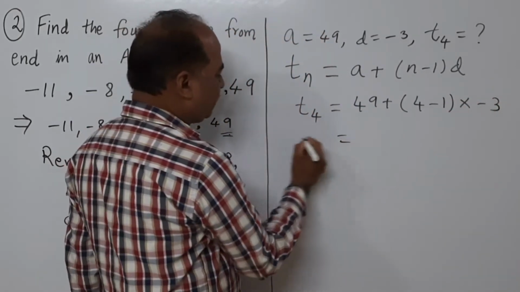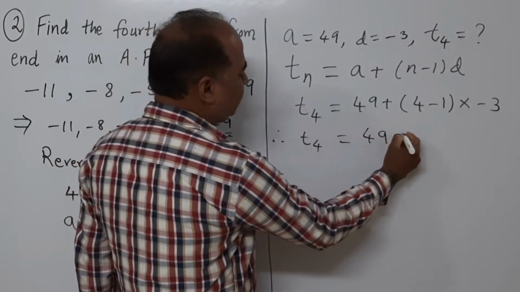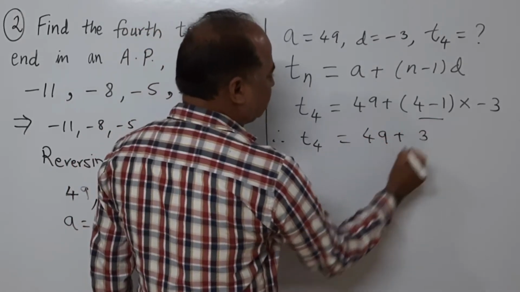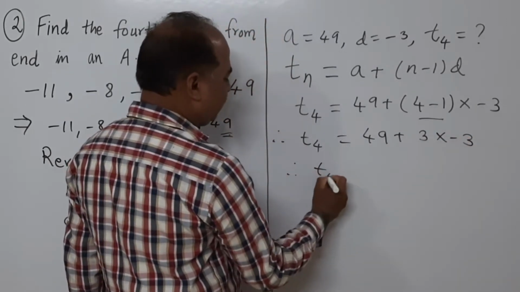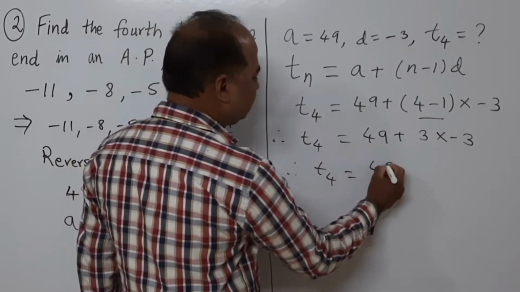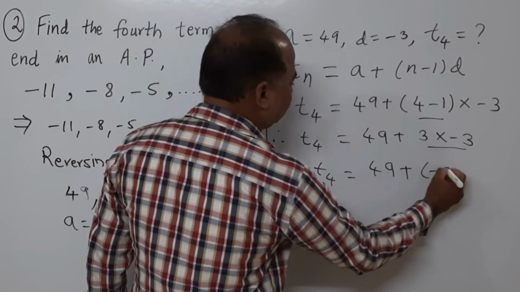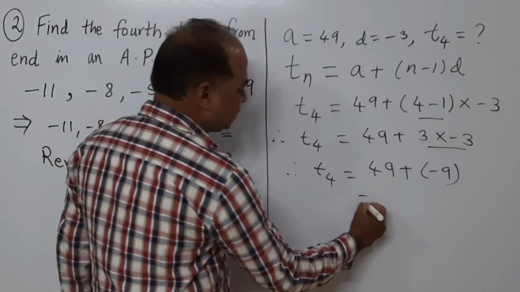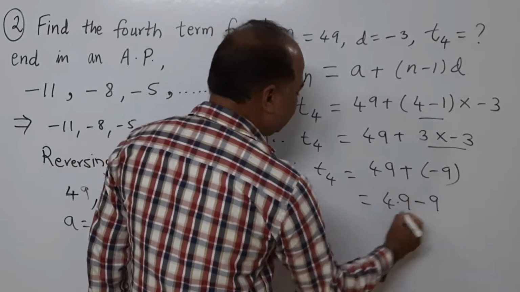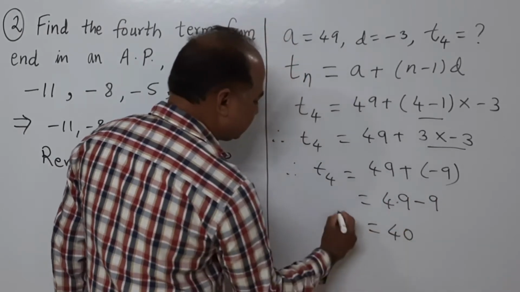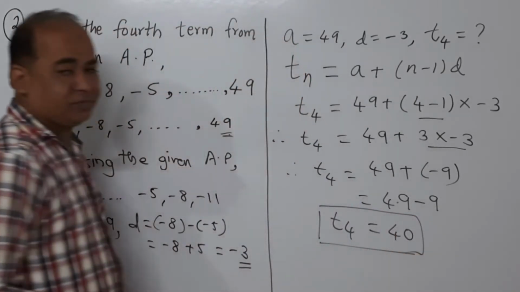Therefore T4 is equal to 49 plus 3 into minus 3, that is 49 minus 9, that is equal to 40. So the fourth term of the AP is 40.